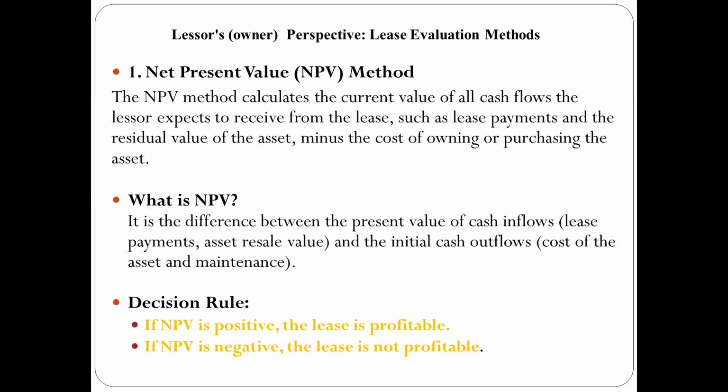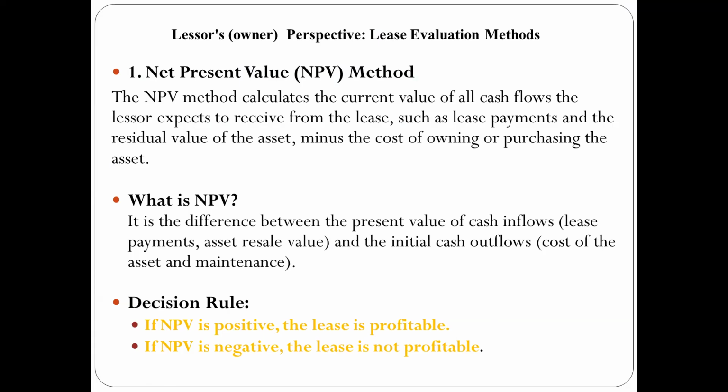Our next point is, what is NPV? It is the difference between the present value of cash inflows, lease payments and asset resale value, and the initial cash outflows of the assets and maintenance. NPV, or net present value, is a way to check if an investment or lease is worth it.